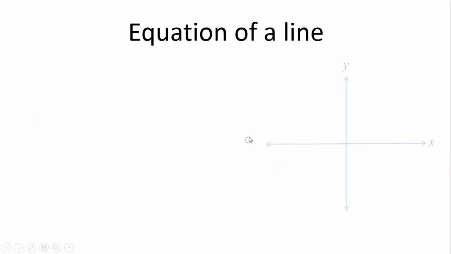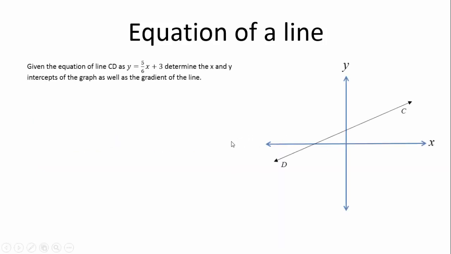Okay. Let's have a look at the equation of a line. Given the equation of the line CD as y equals 5 over 6x plus 3, determine the x and y intercepts of the graph as well as the gradient of the line. Okay, the gradient of the line is easy as it is just the m value in the equation y equals mx plus c, right?